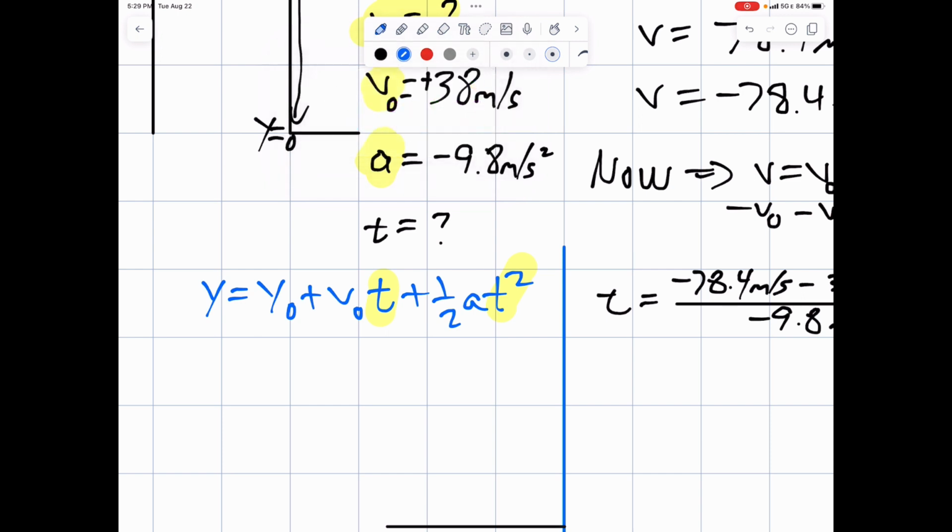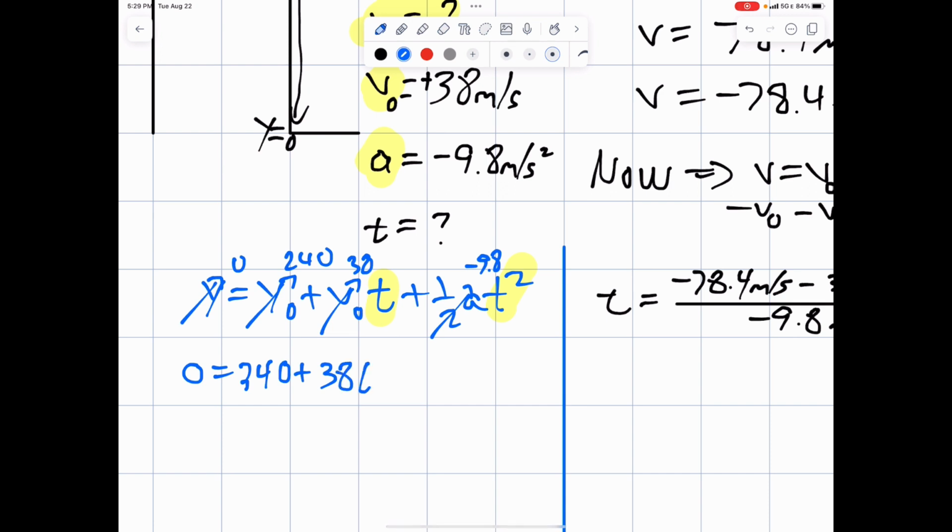So I would have 0, 240, 38, okay, and negative 9.8. So this would be 0 equals 240 plus 38t minus 4.9t squared. Where am I getting 4.9 from?